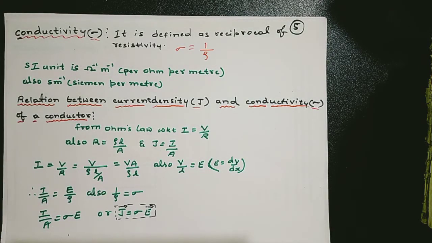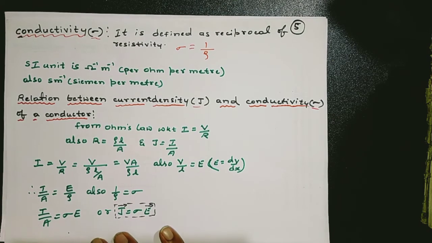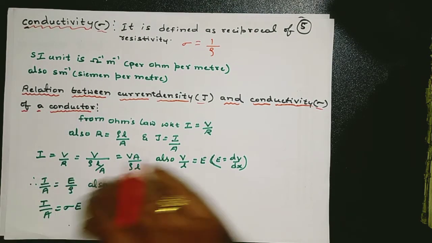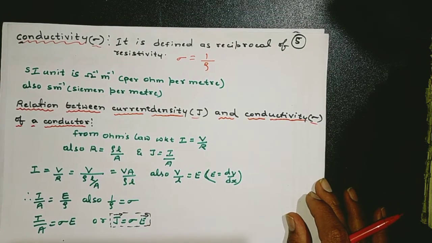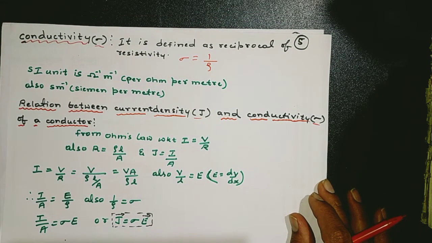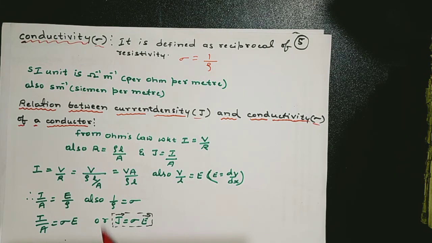Then we have to know what is conductivity, represented by sigma. Conductivity is defined as reciprocal of resistivity.